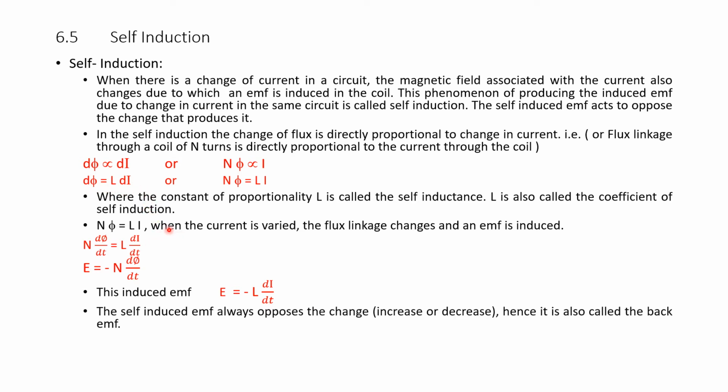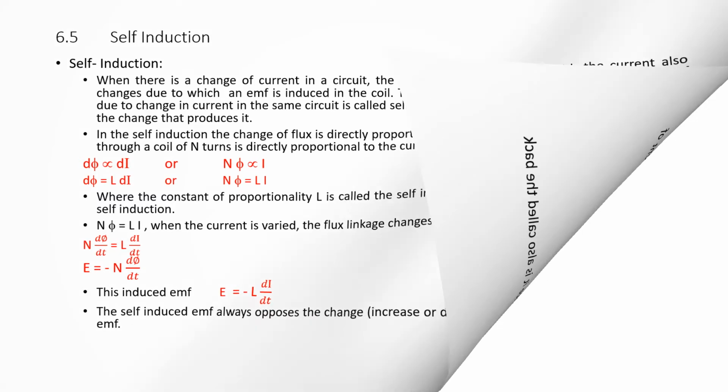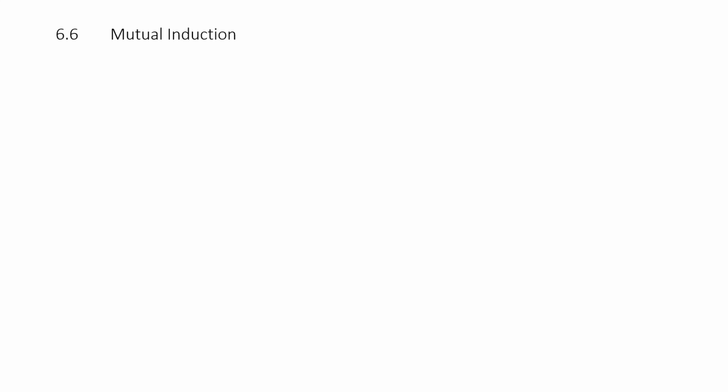Therefore, we can develop the relationship N d phi/dt = L dI/dt. E is given by the equation E = minus N d phi/dt. The induced EMF is E = minus L dI/dt. The self-induced EMF always opposes the change, hence it is called the back EMF. Mutual induction.